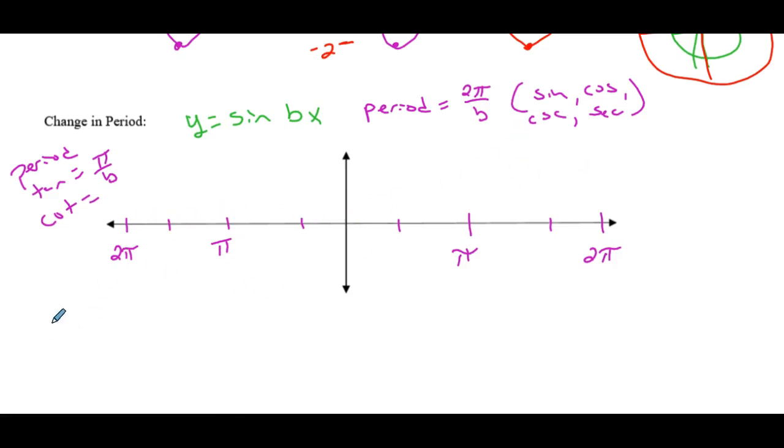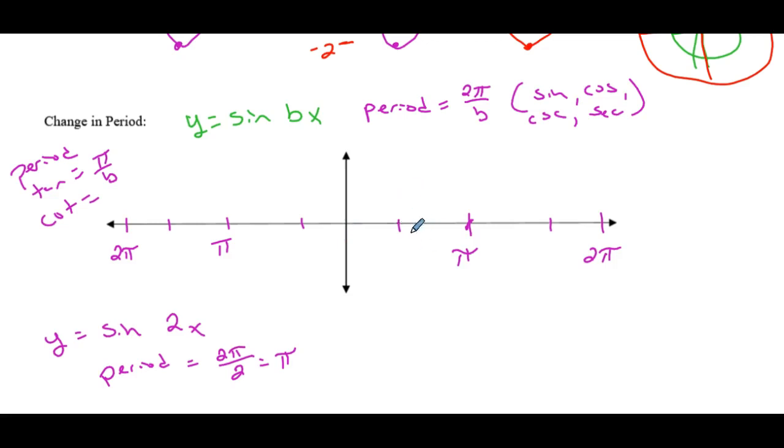Let's look at the function y equals sine of 2x. Now the 2 is the b, so I can say my period will equal 2 pi over 2, or pi. So from here, I need to complete my cycle.